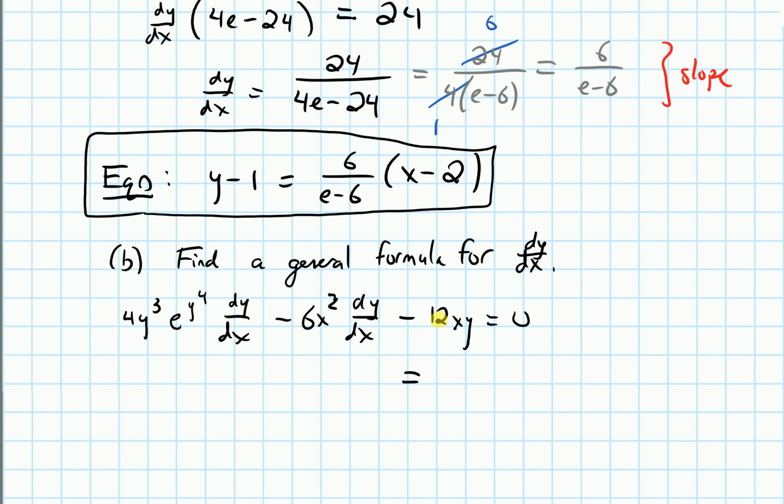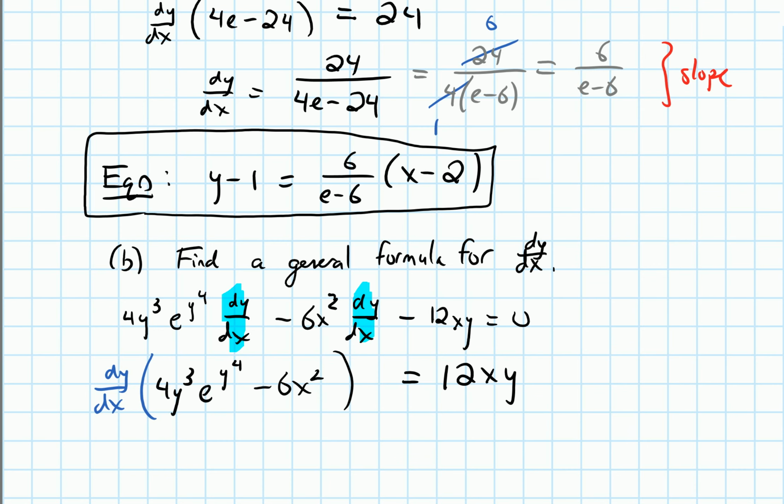So I'm going to move the minus 12xy to the right, and it becomes 12xy. And on the left, we have these two dy dx's. We can factor out dy dx times 4y cubed times e to the y to the 4 minus 6x squared.